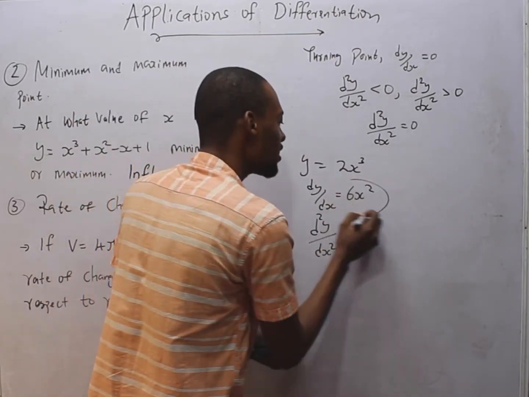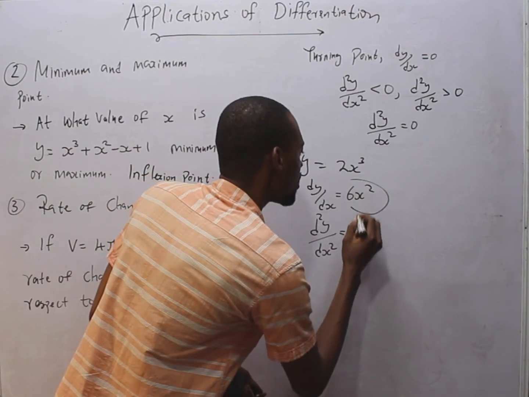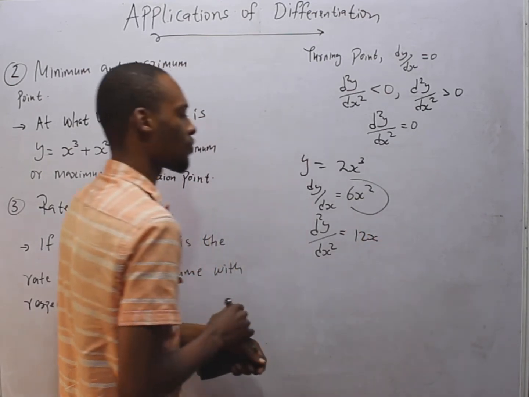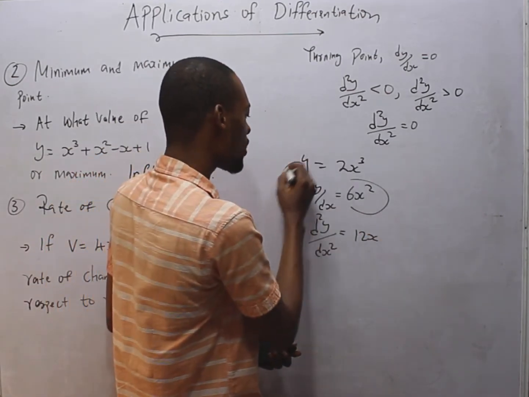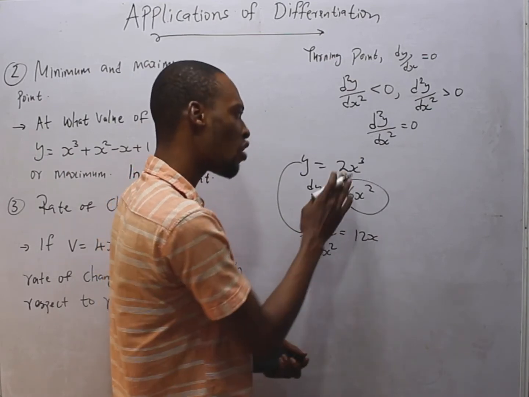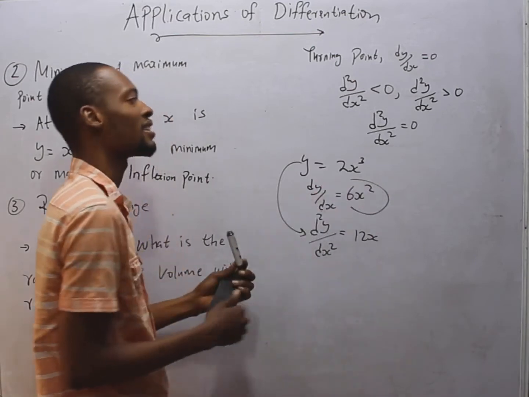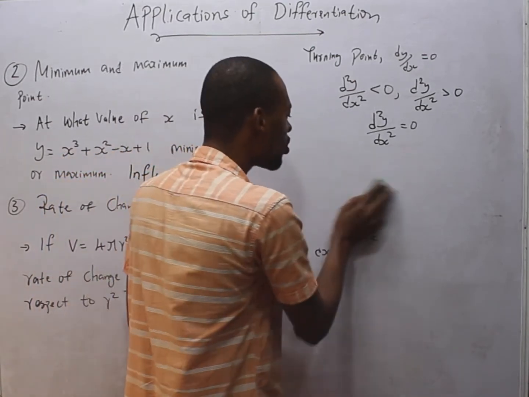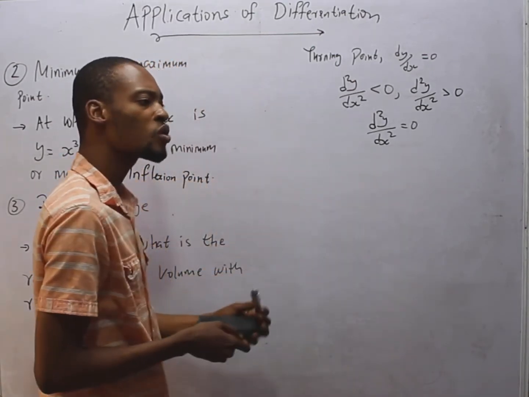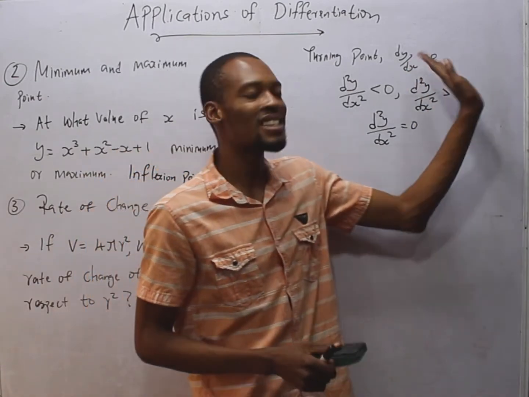So when you differentiate this the second time, it is simply 12x. This means d squared y over dx squared of 2x raised to the power of 3 is equal to 12x. That is the second derivative. So for turning point, dy/dx is equal to 0.